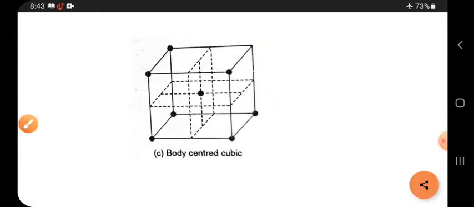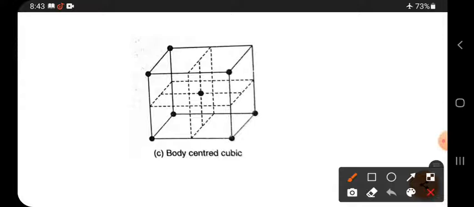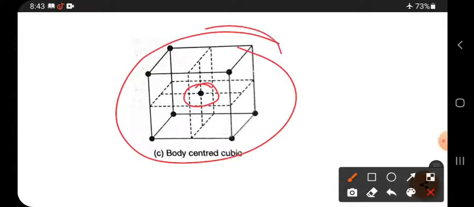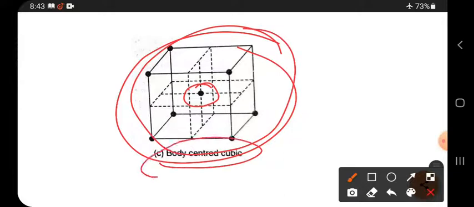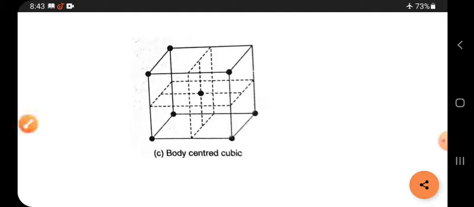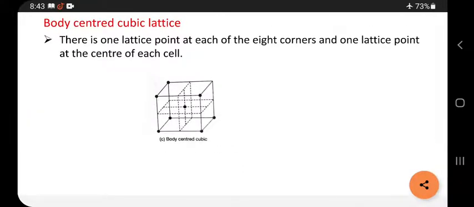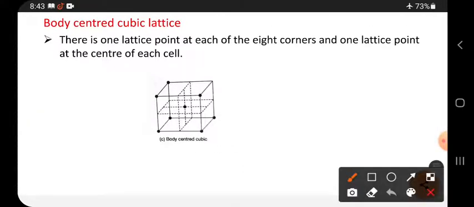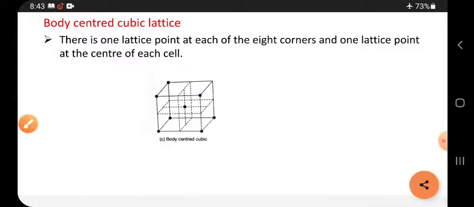The extra thing is one lattice point present exactly in the middle of the cube. That is why it is called body centered, meaning exactly at the center of the cube, one lattice point at the center of the cell. So it is called the body centered cubic lattice.